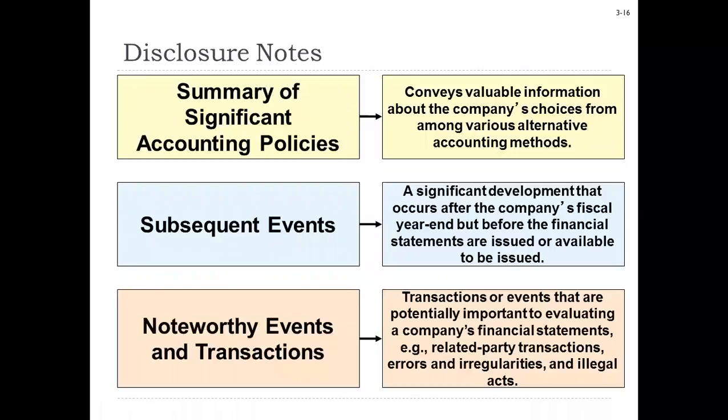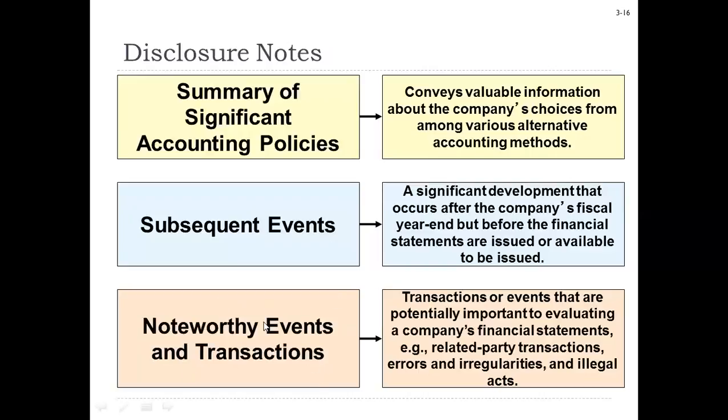So if something happens in between the end of the year and when the financial statements are issued that is significant, or that management feels the reader of the financial statement should know about or be aware of, those are described in the subsequent events section. Okay, and we'll talk about that in more detail when we go over the homework.